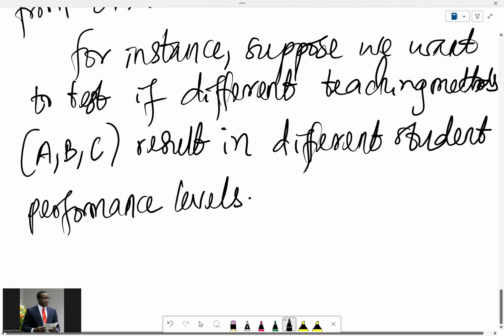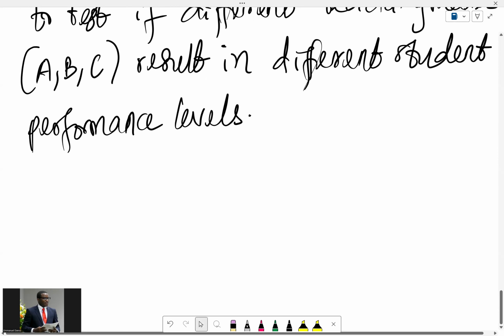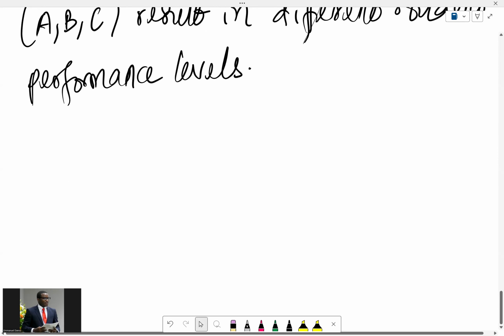In that case, we use one-way ANOVA. All right, so let's talk about the concepts involved in one-way ANOVA.